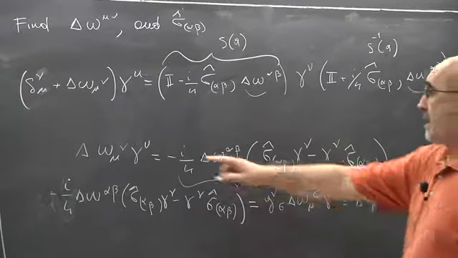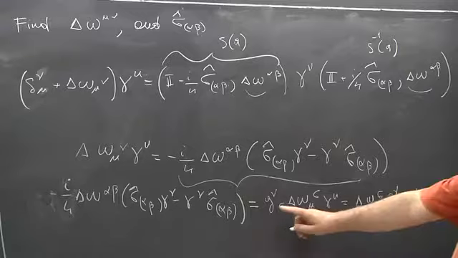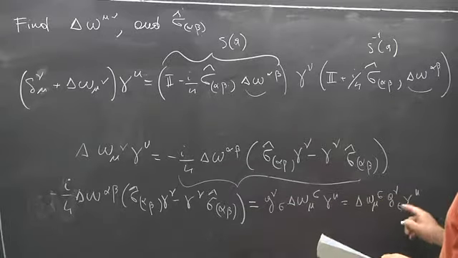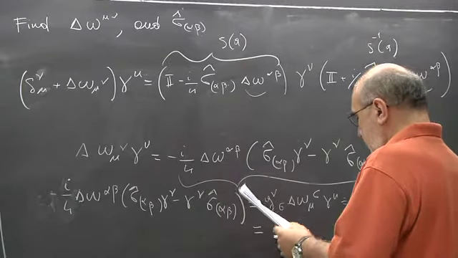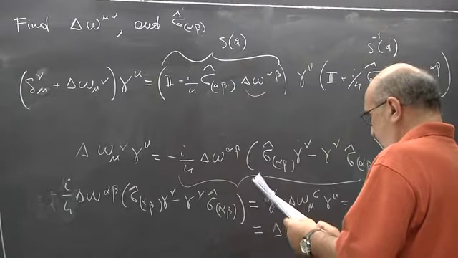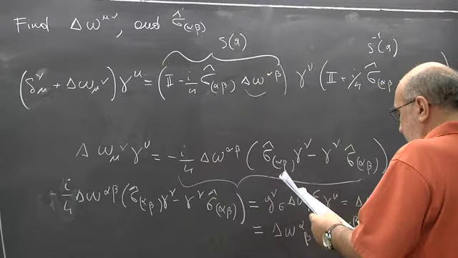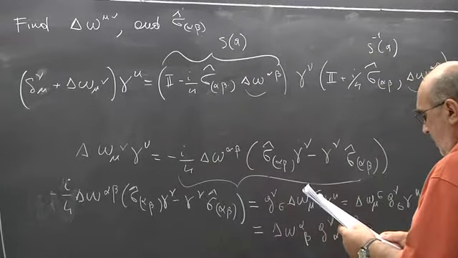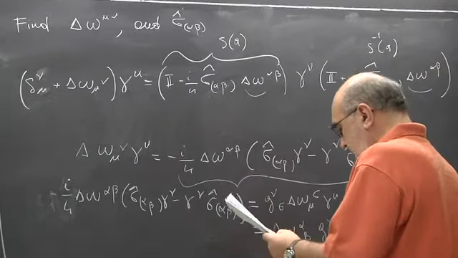So I'm just rewriting that. And then I am rewriting this in this manner. I have brought this on the other side. Now this one is equal to delta omega alpha beta G nu alpha gamma beta. That is this written with different indices.